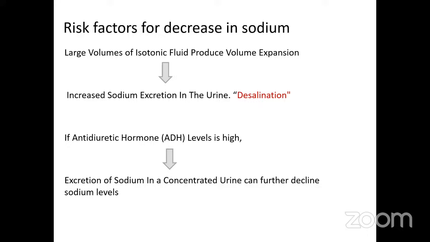The kidney will sense that there is more sodium coming in, so that itself will be a cause for increased sodium excretion in the urine. This is called desalination. If the antidiuretic hormone level is high, that will retain more water, so sodium will be excreted in a concentrated environment, which can also produce hyponatremia.